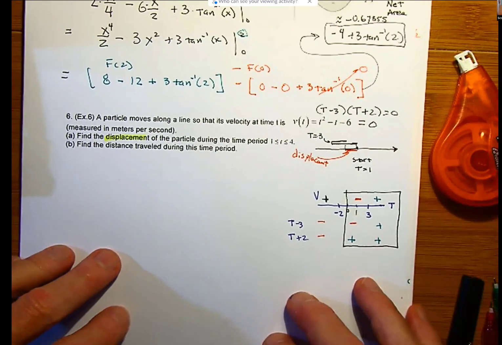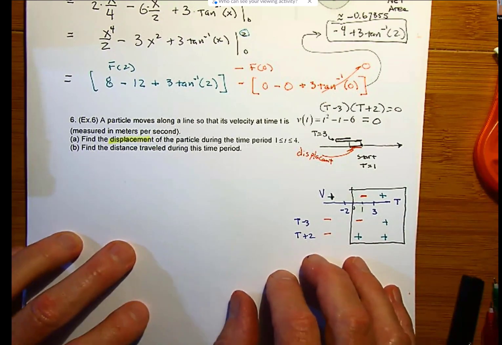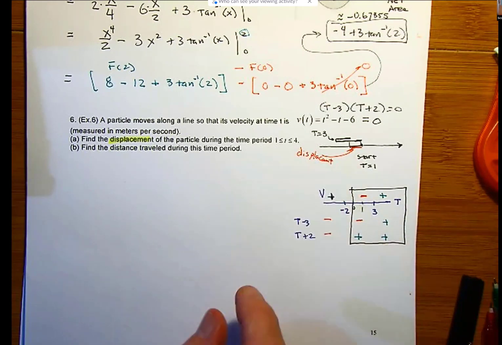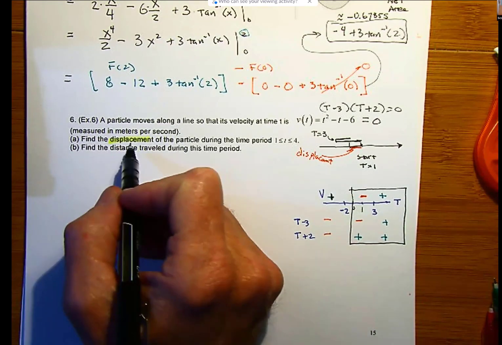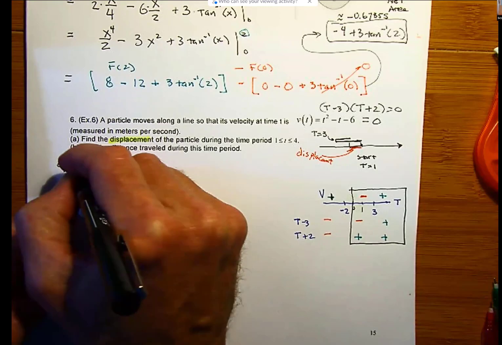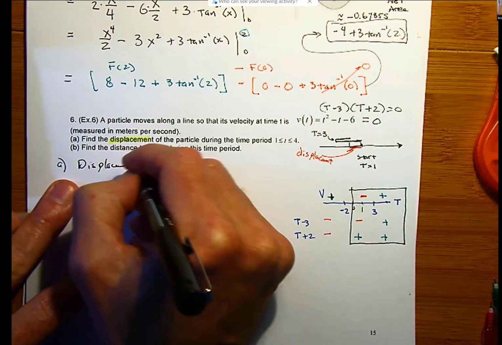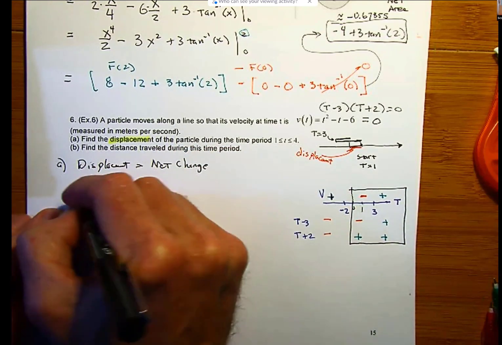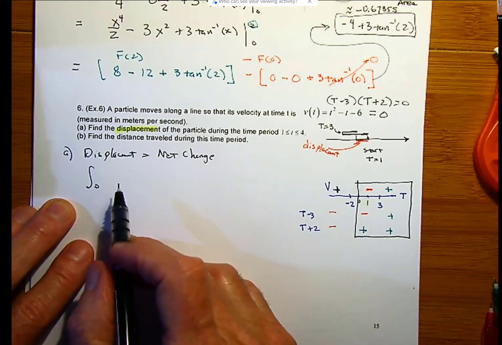All right, that's the big idea of what's happening. Now, the sign analysis, we didn't need this picture to do part A. We could just say, okay, as long as you understand displacement means net change, and net change is an integral. We're not going from 0.